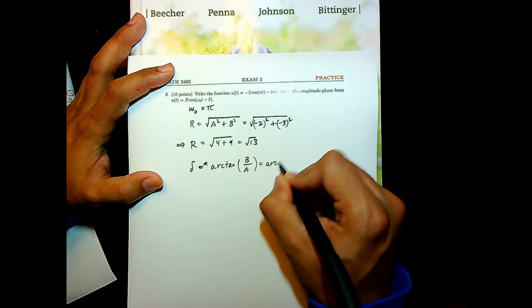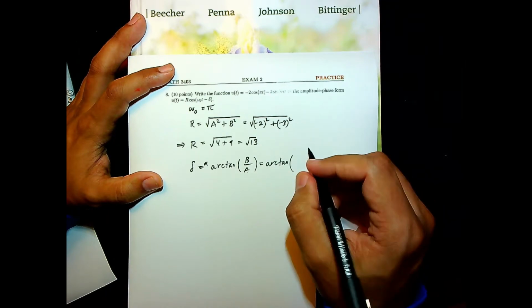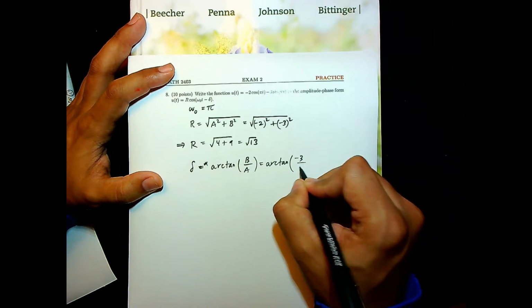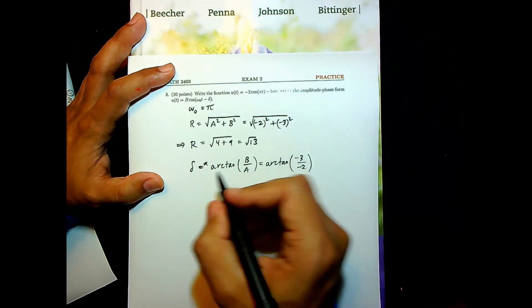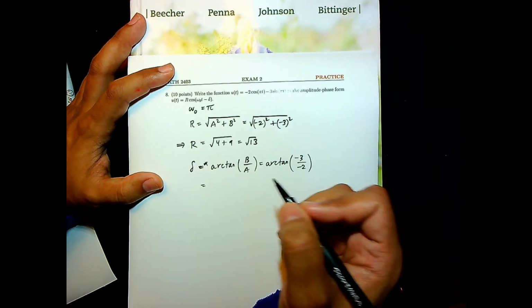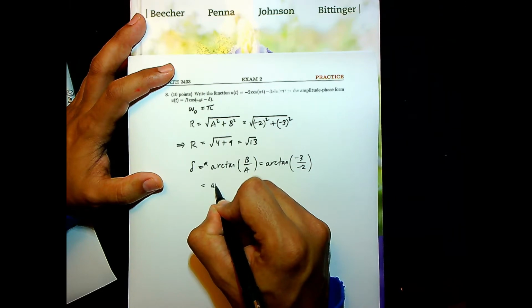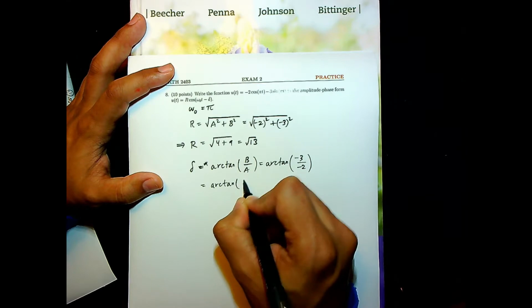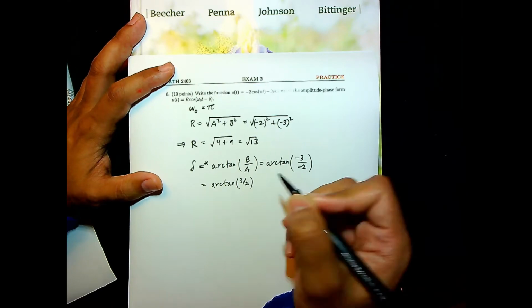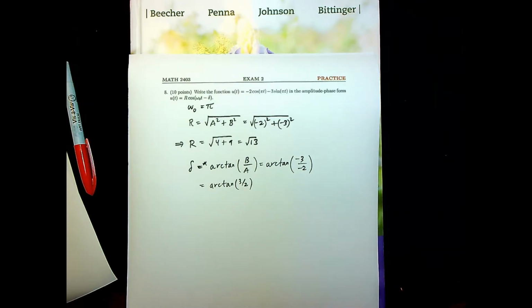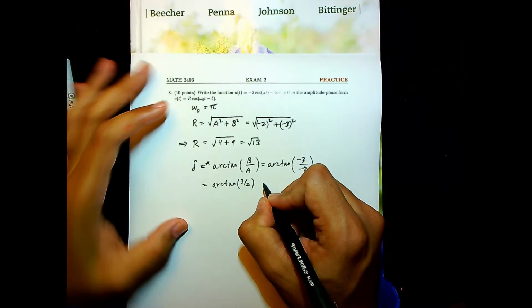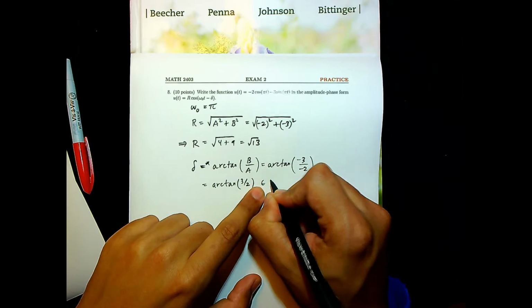This is the same as the arctangent of negative 3 over negative 2, which is equal to, simplifying the negative signs, arctangent of 3/2. Now, arctangent of 3/2, that is an angle that is between 0 and 2 pi.